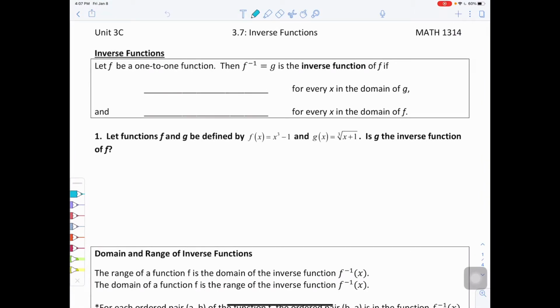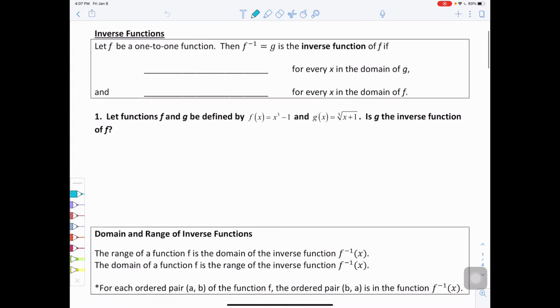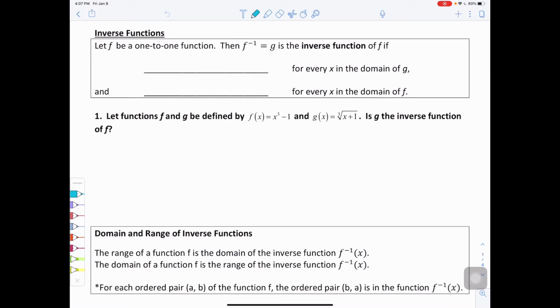This is section 3.7, part 1, and we'll be looking at inverse functions. We'll first define an inverse function. Let f be a one-to-one function.